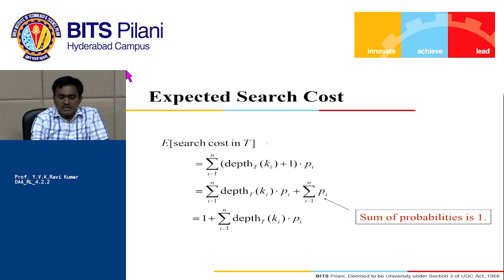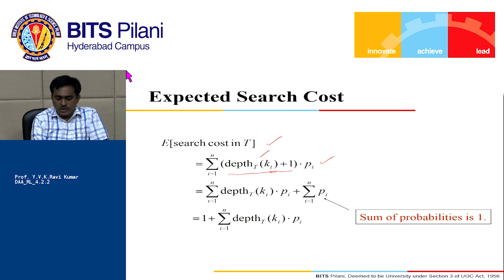Expected search cost in T is the summation over i equal to 1 to n of the depth of the key ki in the tree T plus 1, because when we search for a key we have to increment the depth by 1, multiplied by its corresponding probability.